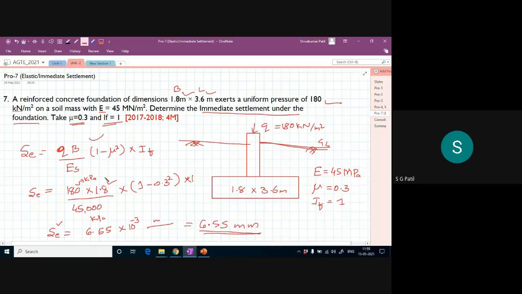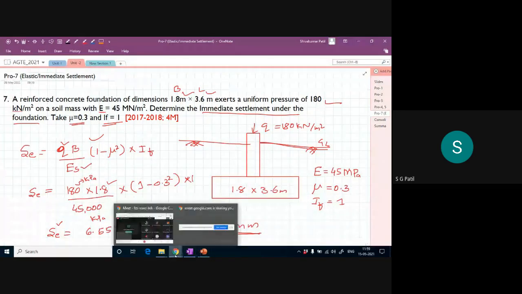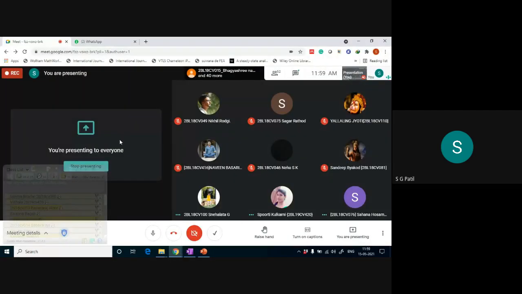One thing we should be careful about is in what unit they are giving the Q value and in what unit they are giving your Young's modulus value. Both should be in the same unit. So this is about your elastic settlement.